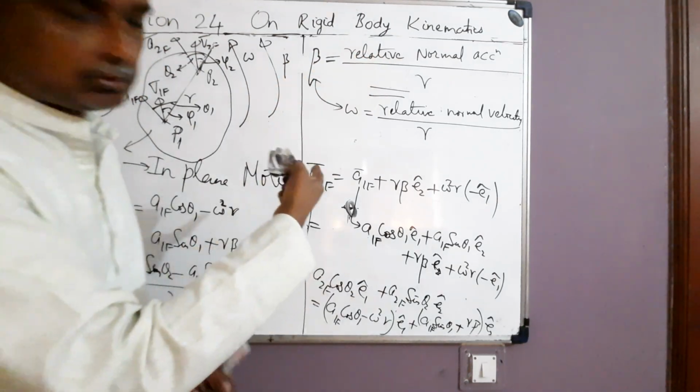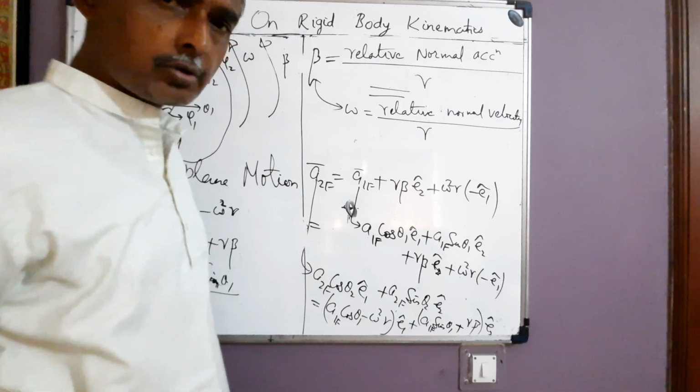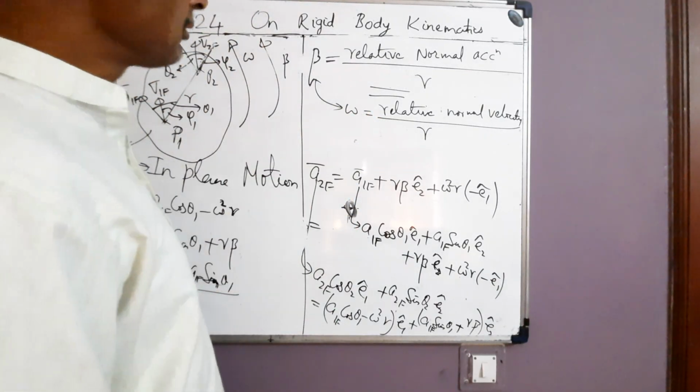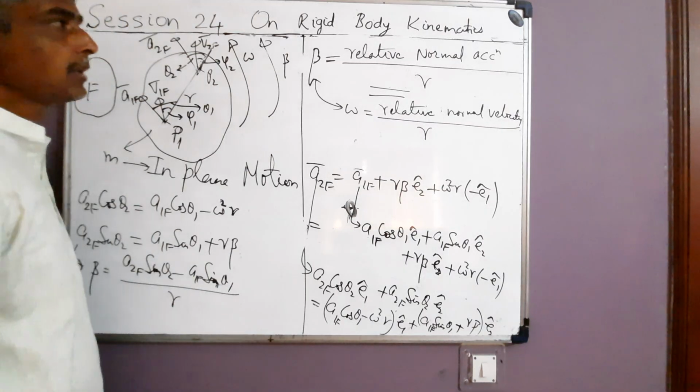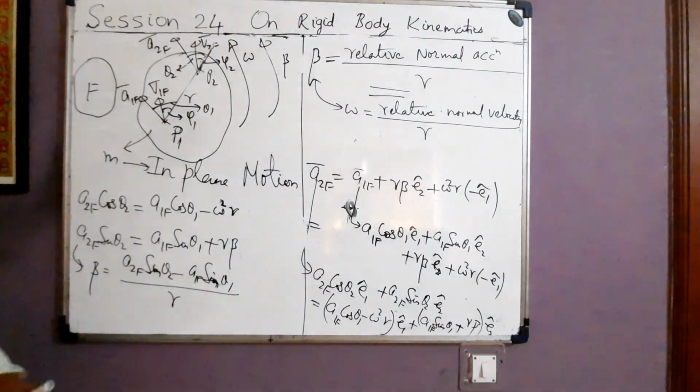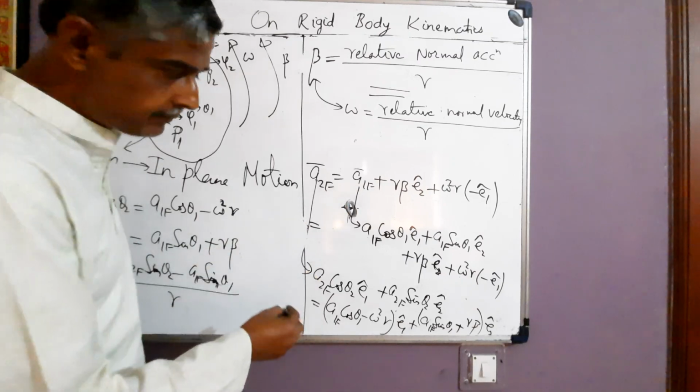I hope we remember this; I will discuss it in great detail. In the second video also the proof of this was given. So omega is equal to relative normal velocity by separation, and beta is equal to relative normal acceleration by separation.